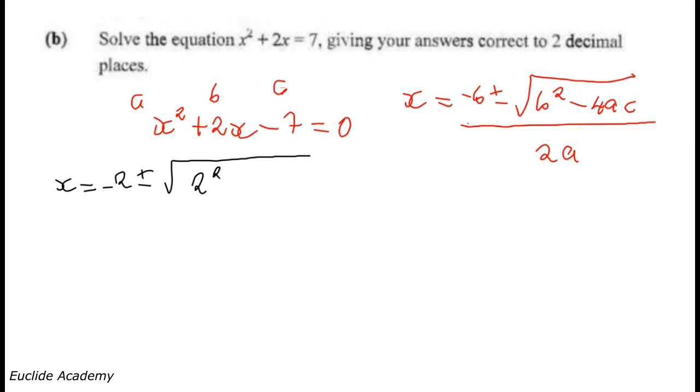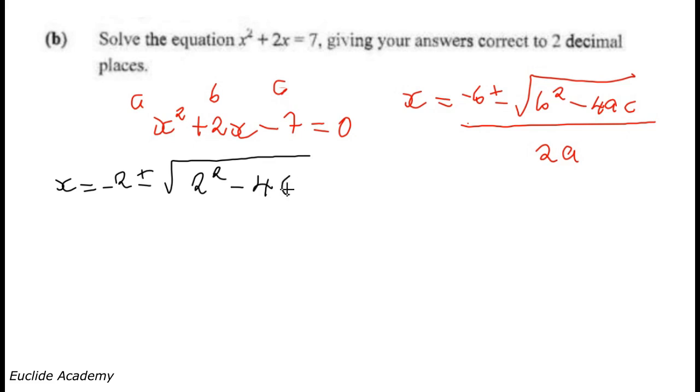So 2 squared minus 4 times a. What is a here? a is 1, and we know anything times 1 is that thing itself. So 4 times 1, and I would want to write the 1 because it doesn't change the thing.